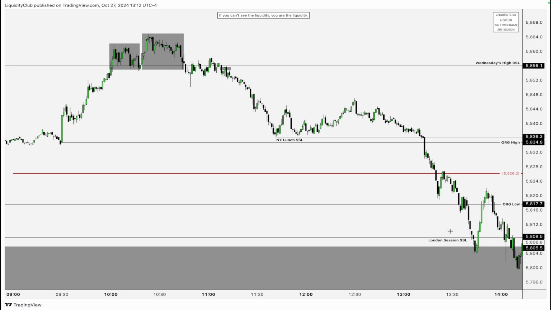Below the London session sell side liquidity, you have the weekly fair value gap right there. Also, there was a chance to go short at this fair value gap right there if you wanted to add more shorts here.